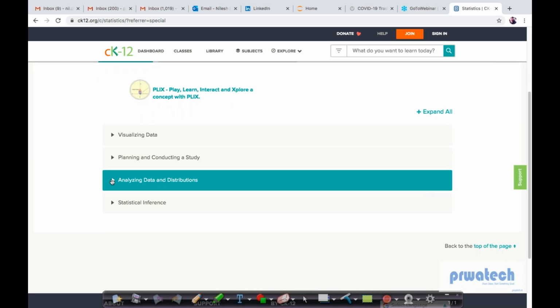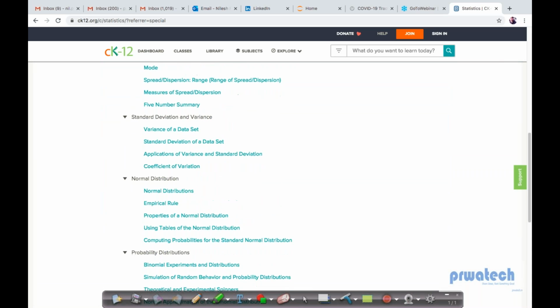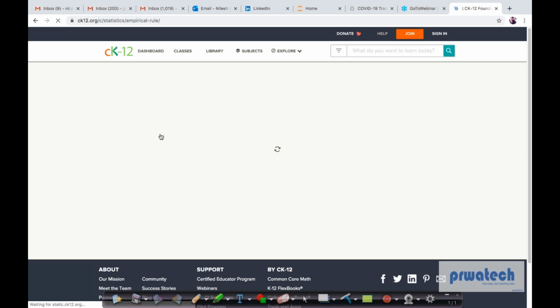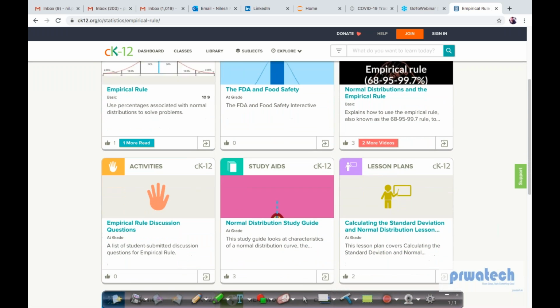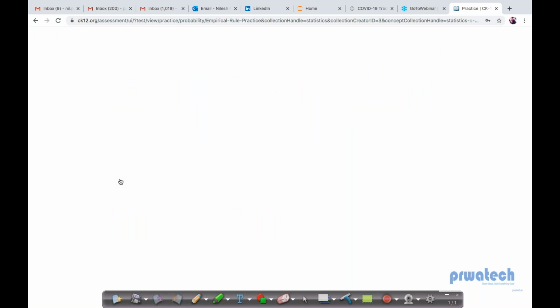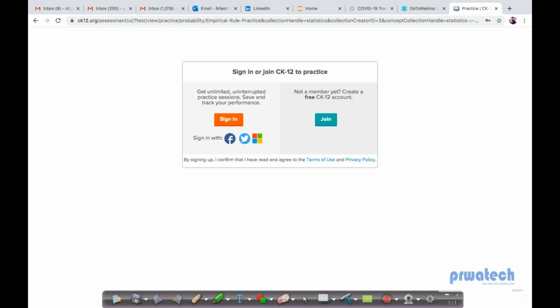Check your topic. We are reading this empirical rule, so let's go to empirical rule and click on practice. This is an open source site. Questions are good here. So they're asking me to sign in. Sign in using Twitter.